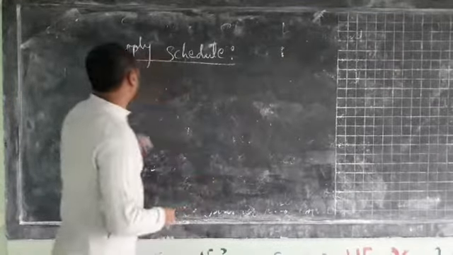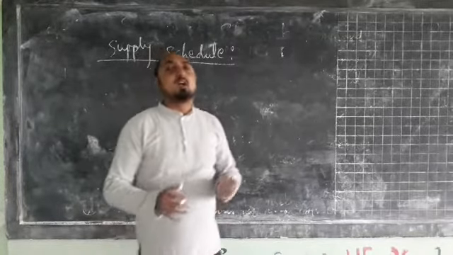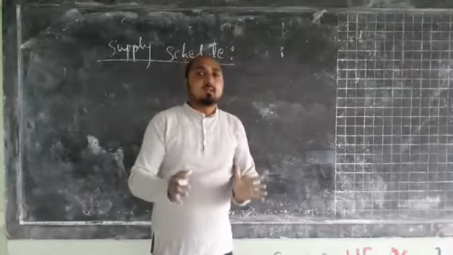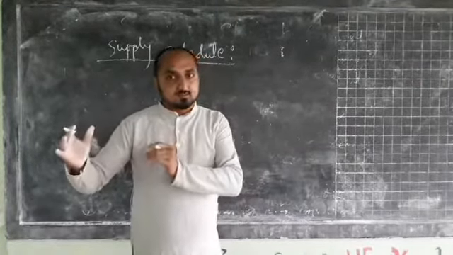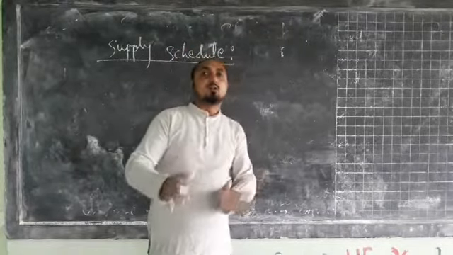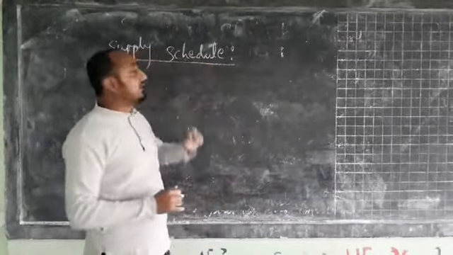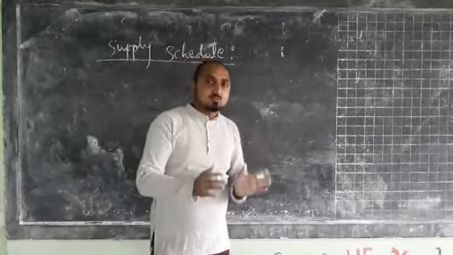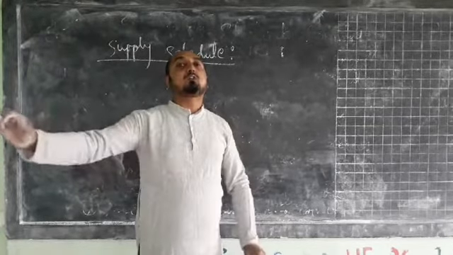Okay, next concept we have is supply schedule. So supply schedule is a tabular representation or statement of various quantities being supplied at the different prices during a particular period of time. Once again, the supply schedule is a tabular representation of various quantities being supplied at the different prices during a particular period of time.